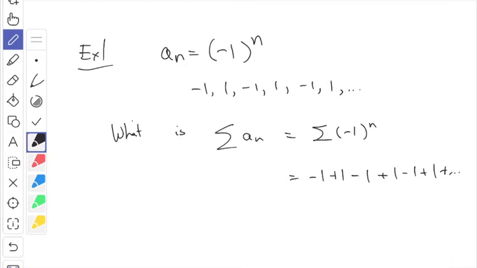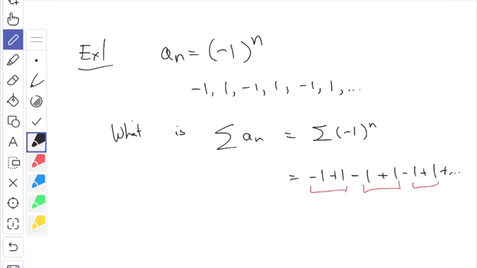In fact, maybe this is 0 because you could pair these things up in a way that they all cancel, if you add pairs of them. It turns out, actually, the answer is not 0. The answer is that this series diverges.